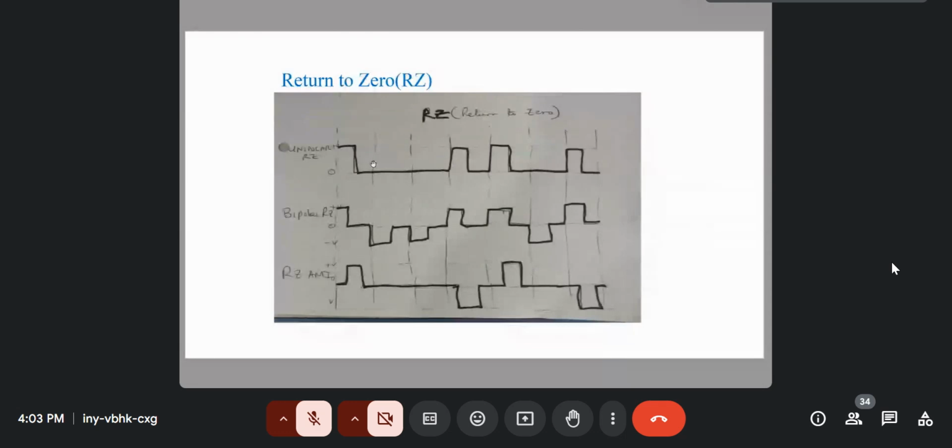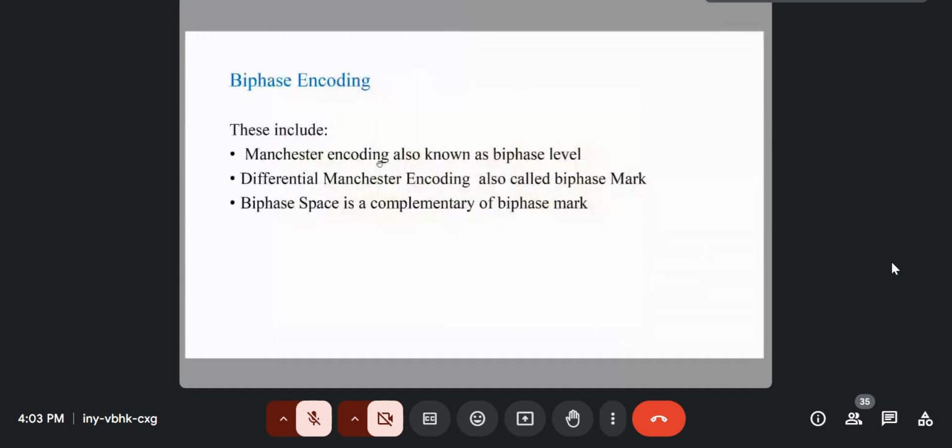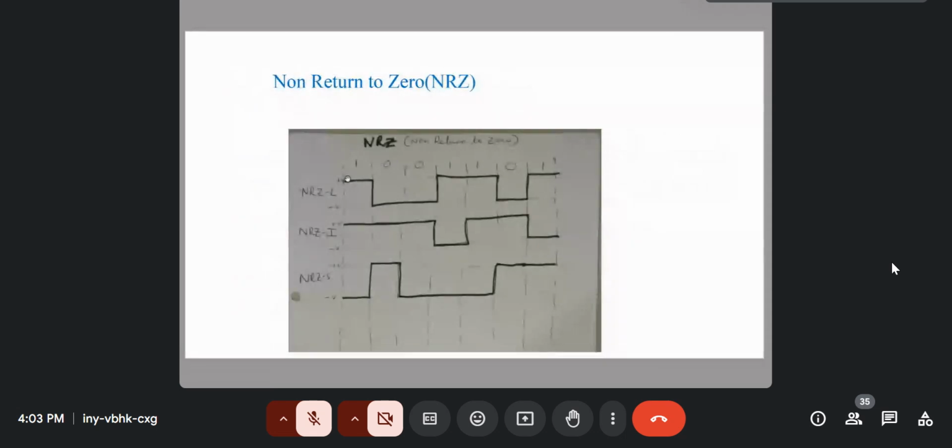So actually, this will be spectrally inefficient, because you'd be having 2 pulses representing 1 bit. It will be more spectrally inefficient compared to this NRZ. You can see there are fewer changes. This one is spectrally more efficient than this.